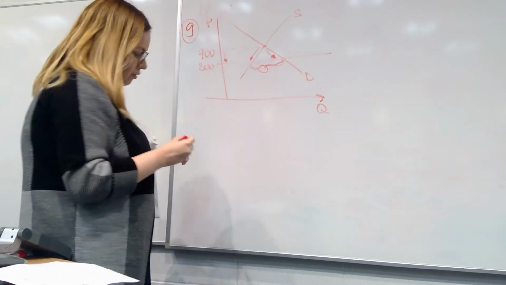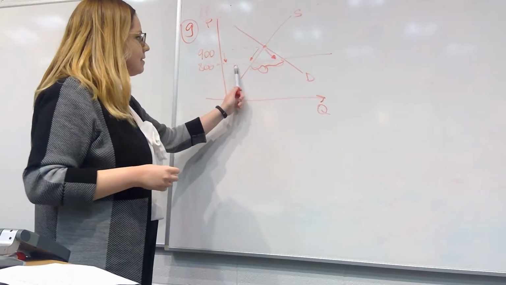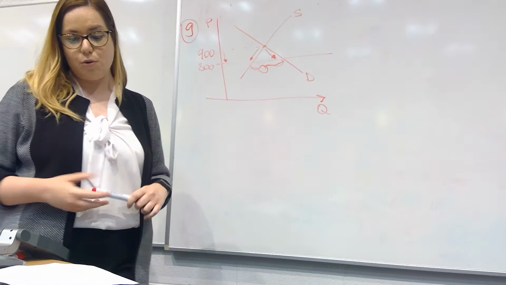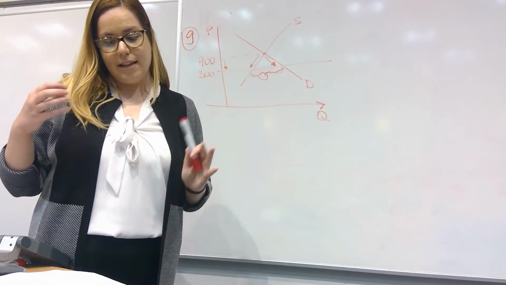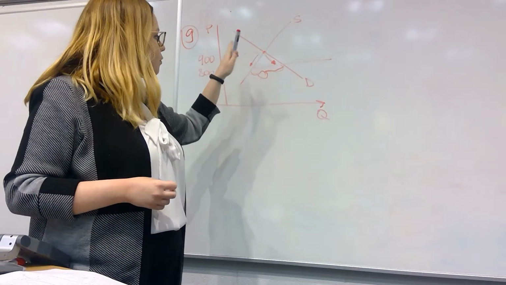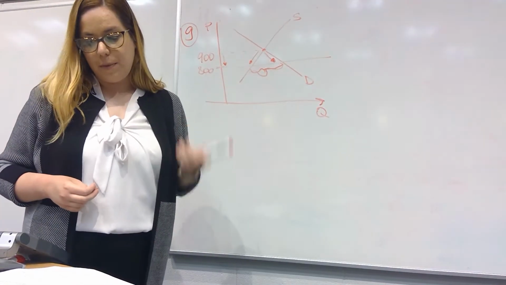The market is no longer in equilibrium. So our quantity demanded in this case is greater than the quantity supplied, hence there is a shortage. So the correct answer is A: prices will decline, our quantity demanded will rise, our quantity supplied will fall, and there will be a shortage.